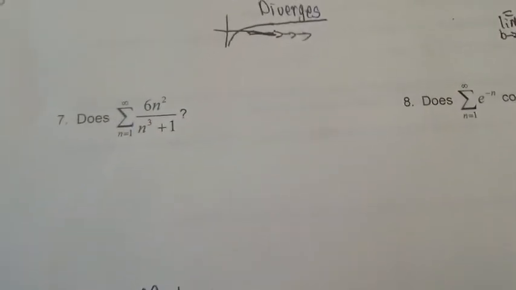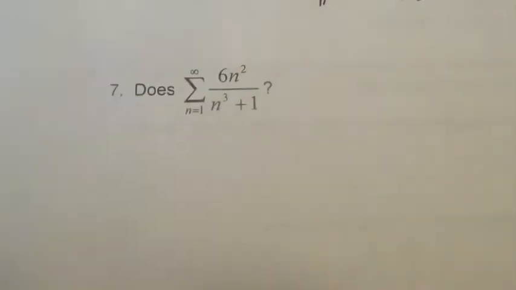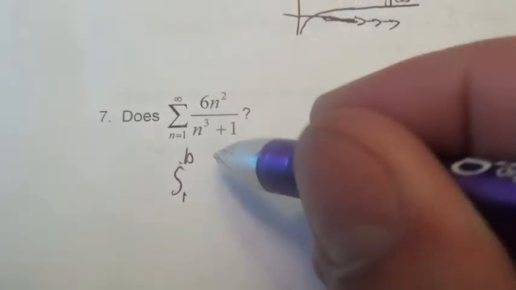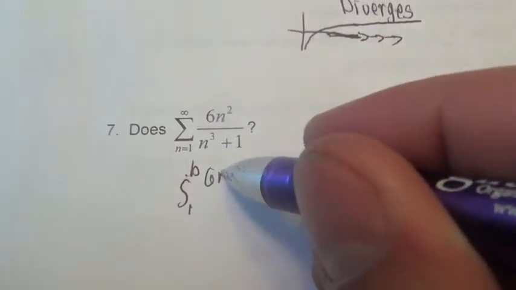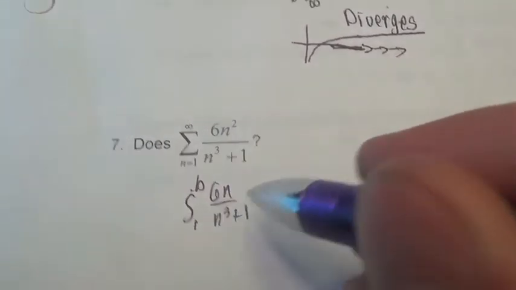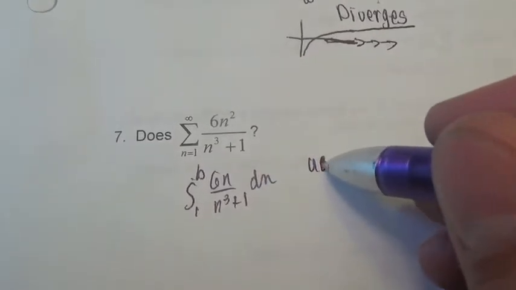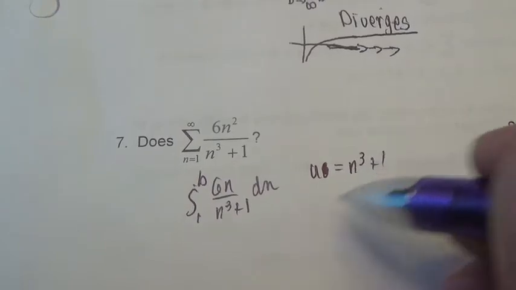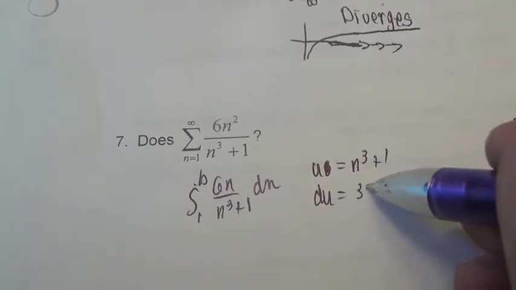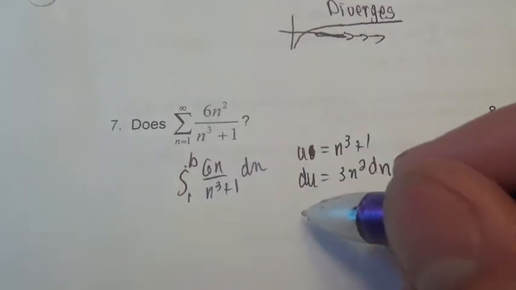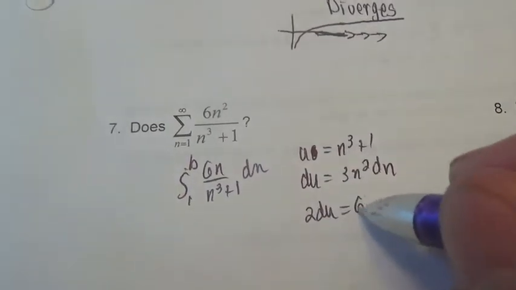This one here, the way we would do this, set up another one from 1 to b. We're going to have to integrate this thing, 6n squared over n cubed plus 1. This is going to have to be a u substitution problem. You're going to let u be n cubed plus 1. du is 3n squared dn. We need it to be a 6, so we'll just double each side here.